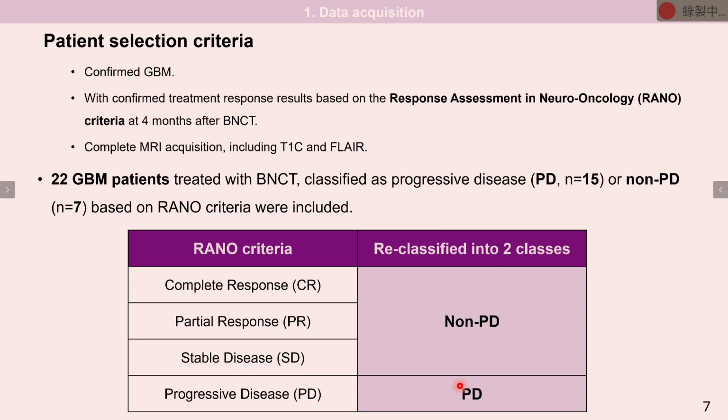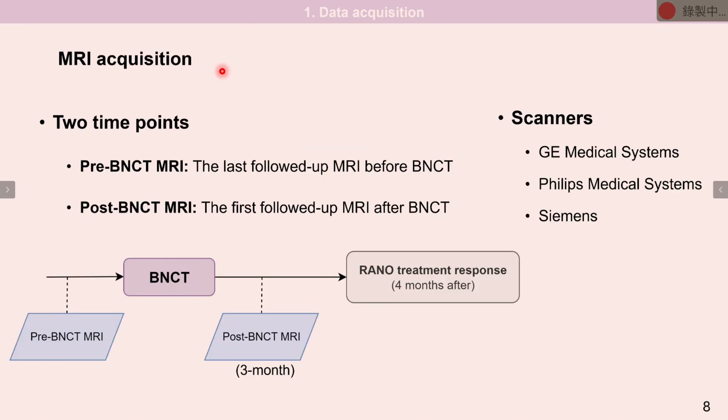For MRI acquisition, we collected patients' MRI of 2 time points: pre-BNCT MRI, which is the last follow-up MRI before BNCT, and post-BNCT MRI, which is the first follow-up MRI after BNCT. The reason for collecting MRI after BNCT is because in addition to predicting the BNCT treatment response, we also want to investigate the difference in MRI images before and after BNCT treatment, and how this difference correlates with treatment response after 4 months.